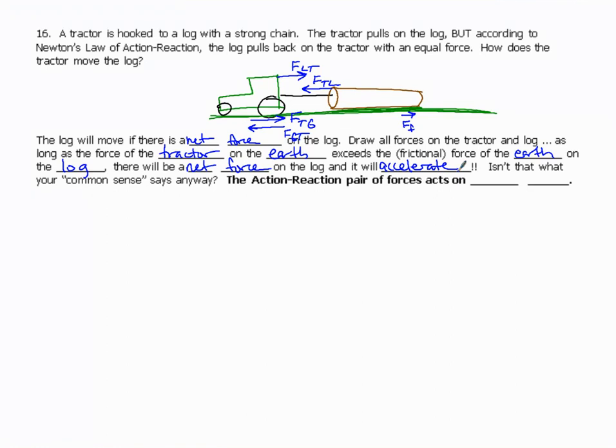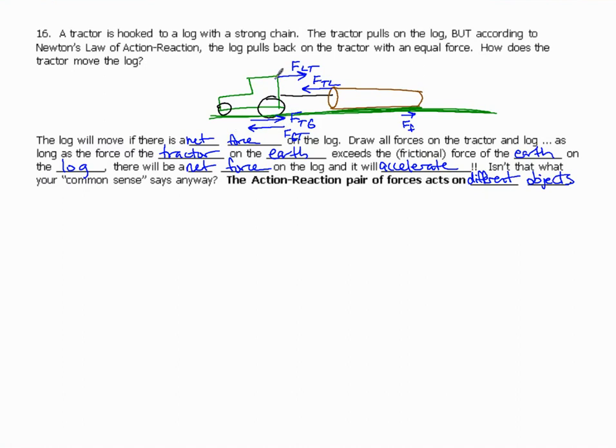Isn't that what your common sense says anyway? The action-reaction pair forces, remember, they act on different objects. So we have the tractor acting on the ground, the ground acting on the tractor, equal and opposite.